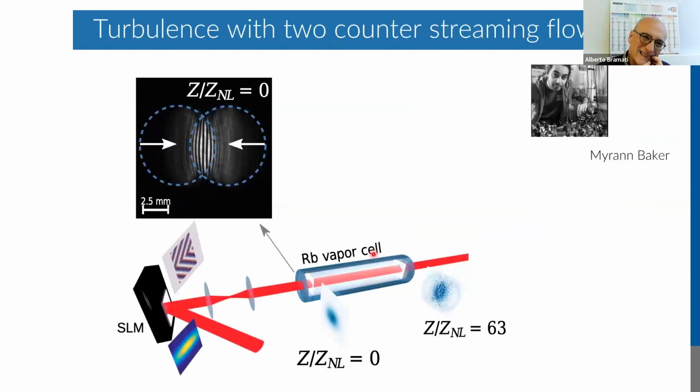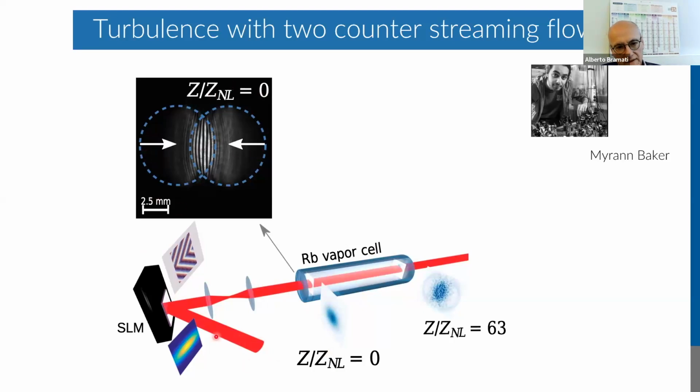So in particular, turbulence with two counter-streaming flows. The idea is quite simple, no? Because we can generate two fluids that are counter-propagating.